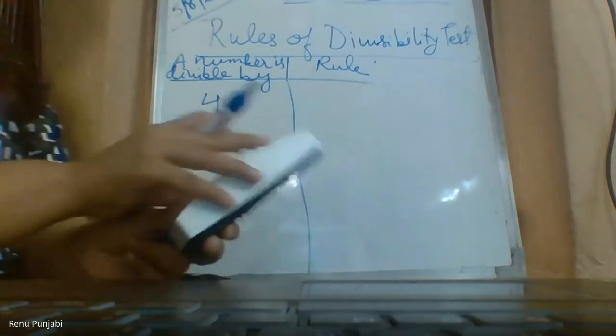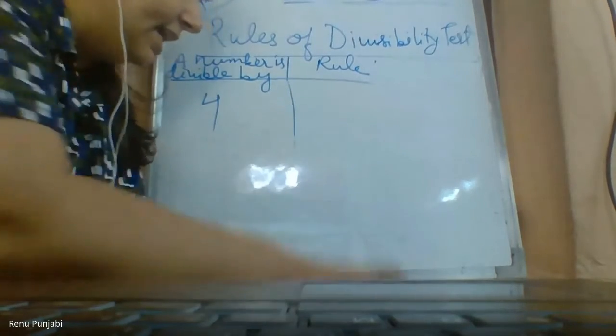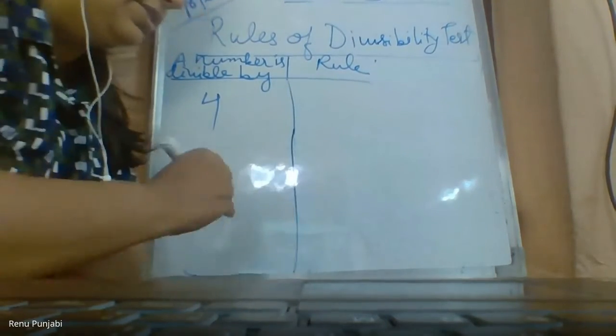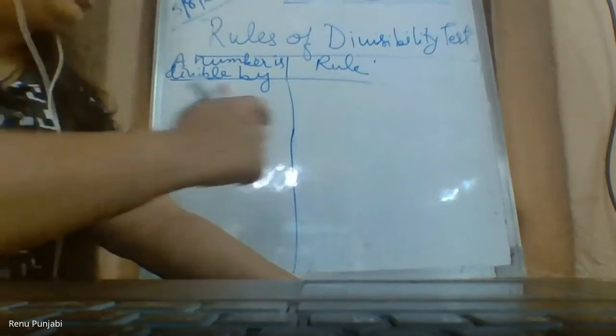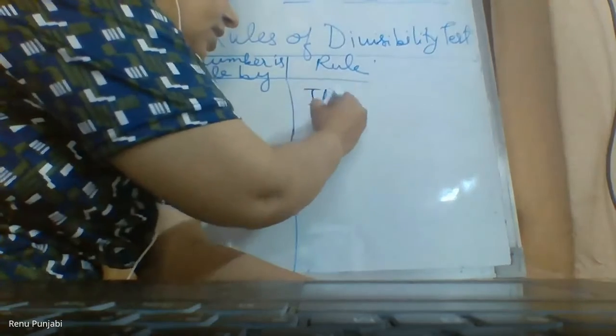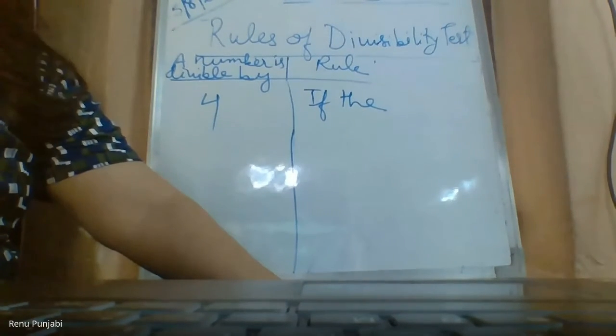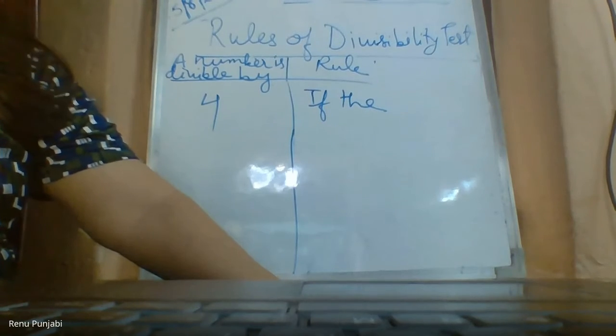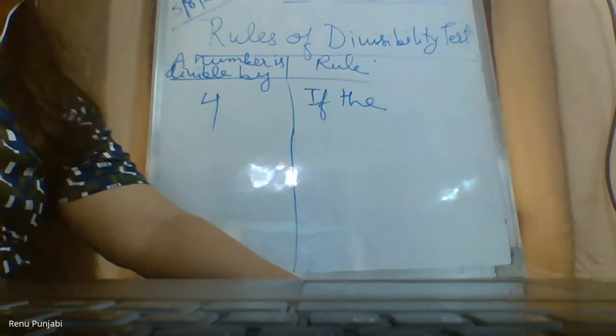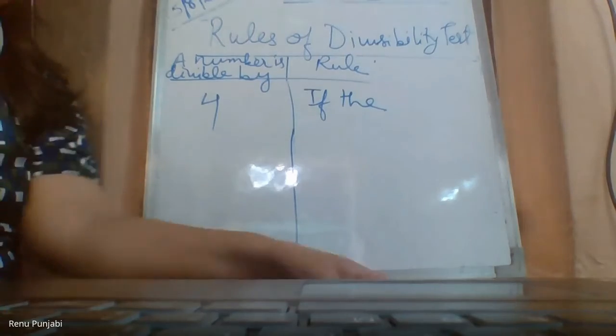There are divisibilities of 4, 6, 9, 10, 15. These are easy divisibilities. We do a few divisibilities today, and whatever is left we continue tomorrow in the next class.